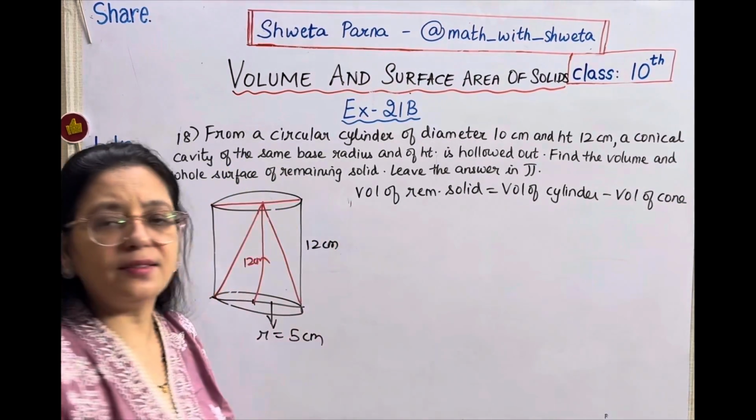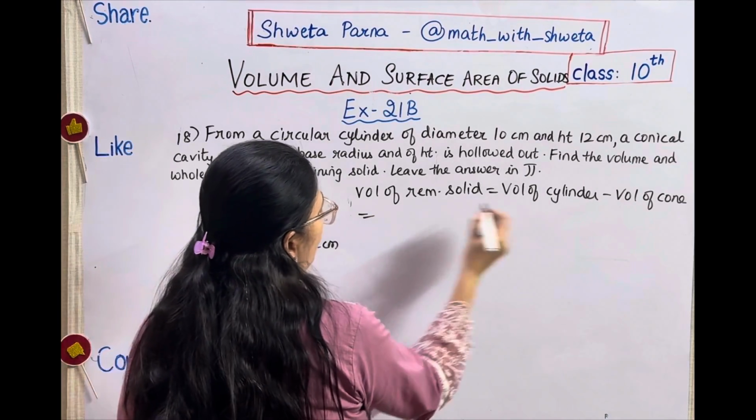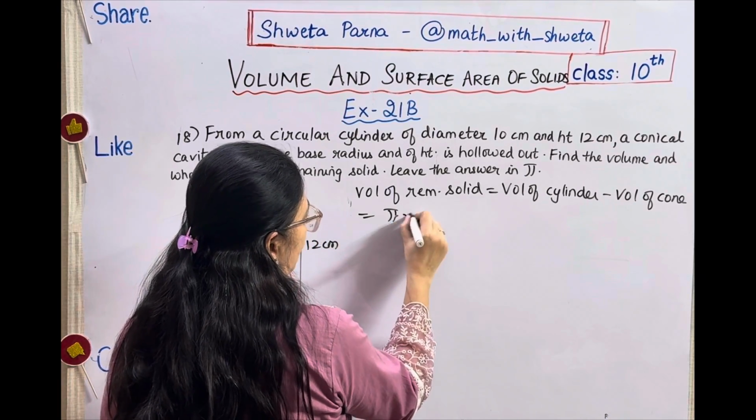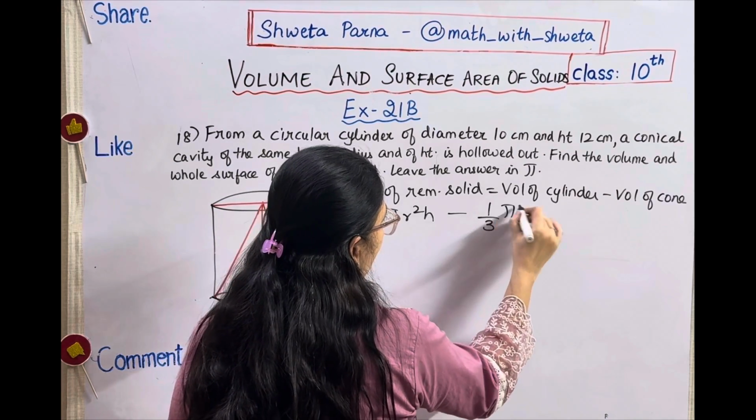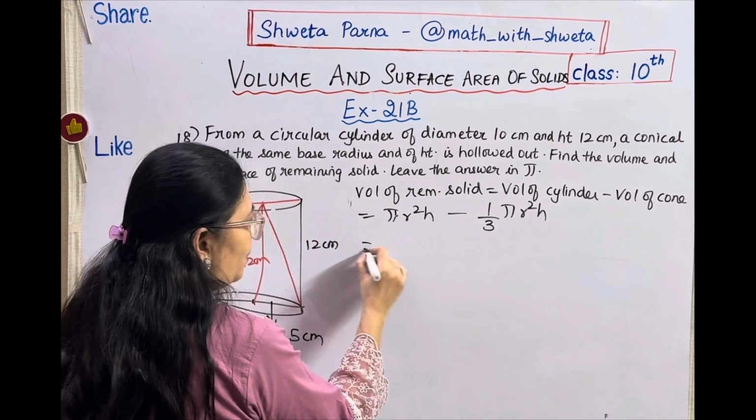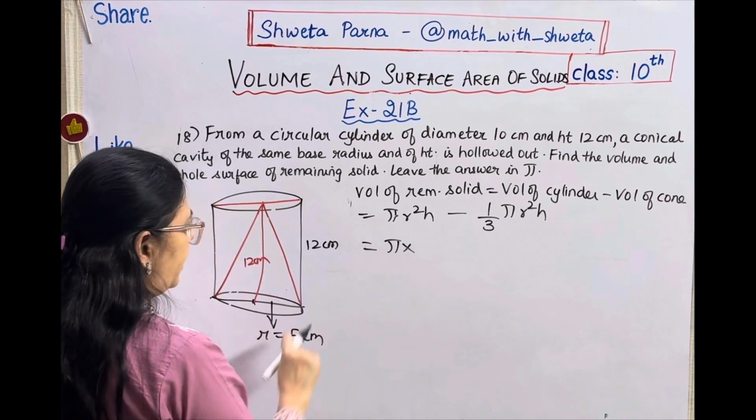Now you have to leave the answer in pi only. So volume of cylinder is pi r square h minus volume of cone is 1 by 3 pi r square h. Pi you have to leave it like this only. What is the radius?